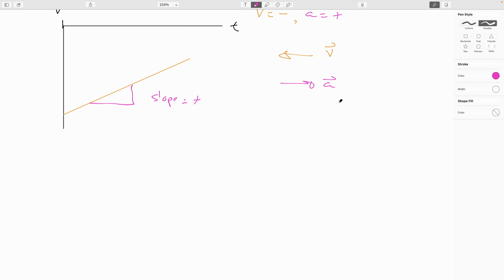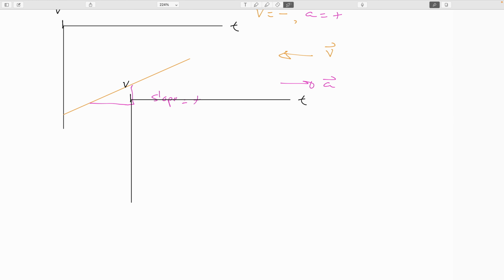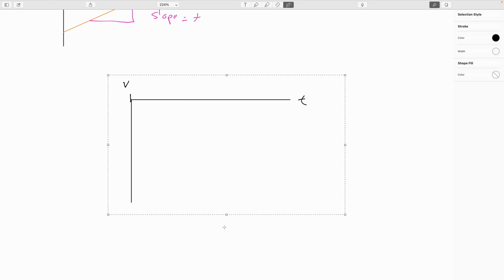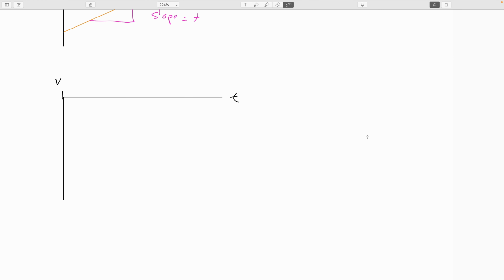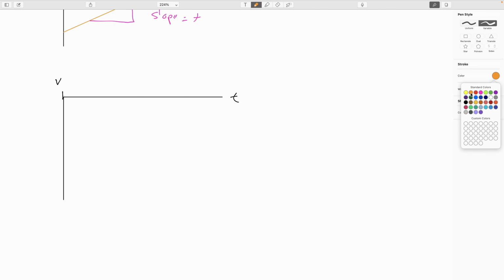All right, and then finally, let's look at this one. So my velocity time graph, let's say, looks something like that.